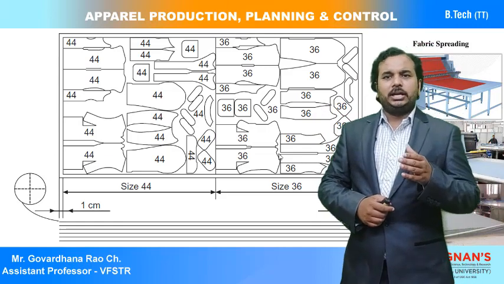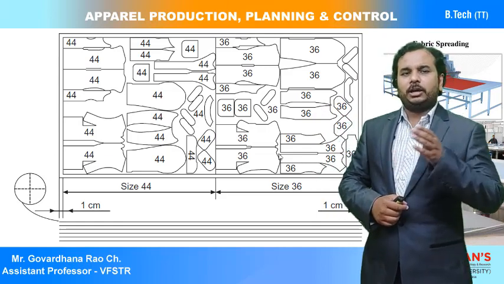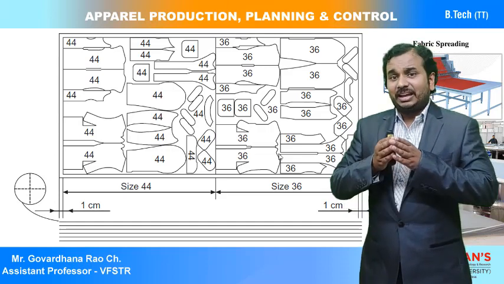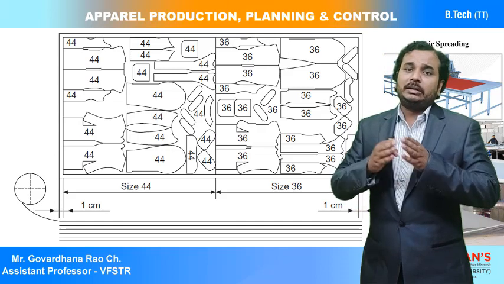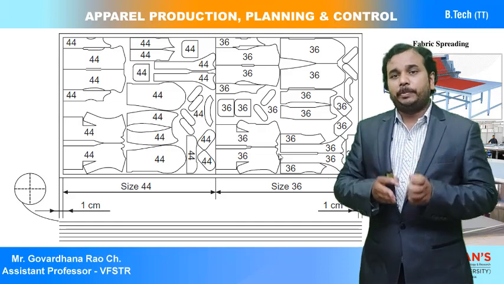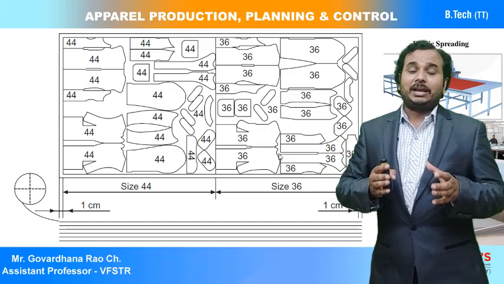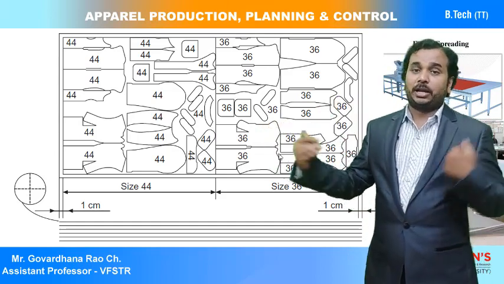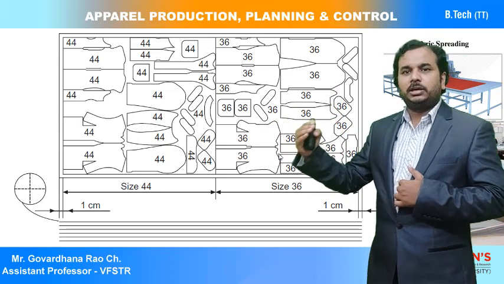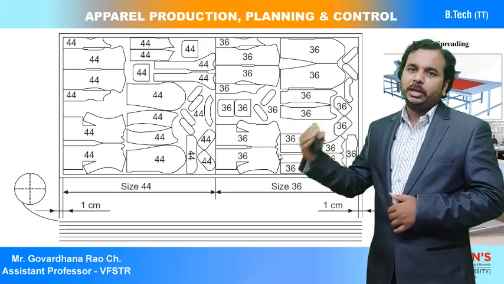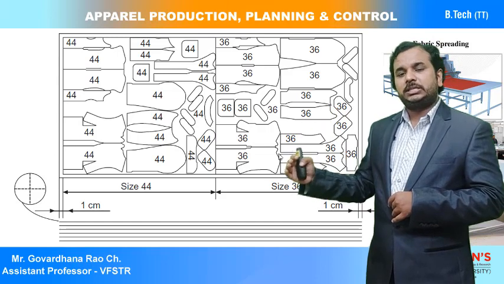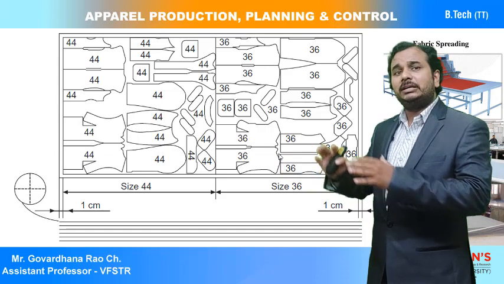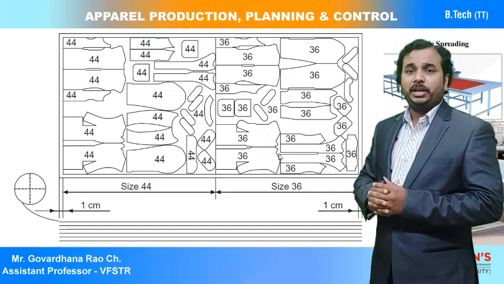This is one example of how we prepare the marker for different sizes. You can observe that a 1 centimeter or 1 inch space is left out, and the remaining part has the patterns kept. That is the marker ends: at one end and the second end of the marker we keep an empty space of 1 inch, so that the marker comes in the middle of the fabric area.